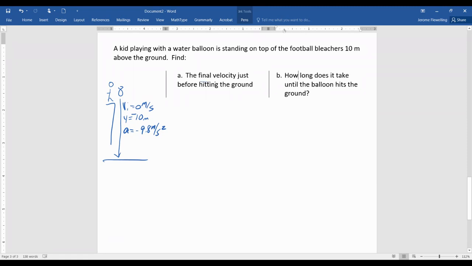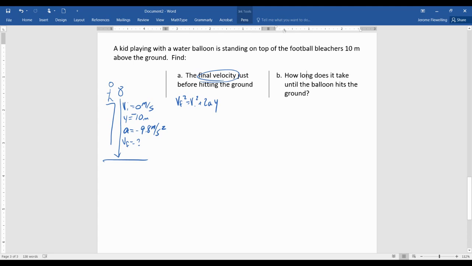Then part A, we're asked to find the final velocity just before it hits the ground. So I'm looking for the final velocity here. What equation has these 4 variables, or which one does not have time in it? You guessed it, it's going to be the squared one. So VF squared equals VI squared plus 2AY. It could be X, but I use a Y because we're going up and down.